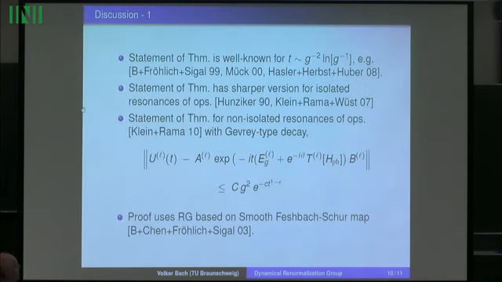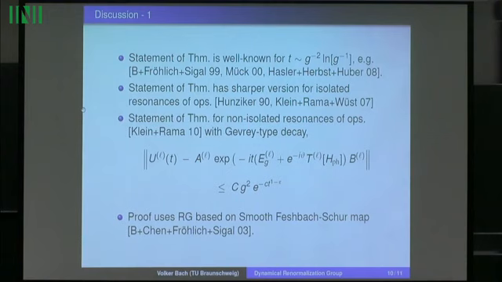Okay, so let me discuss this result. The statement of the theorem, when we study timescales which are big compared to G to the minus two, but not too big, in fact, if they are of the order of a logarithmically growing in G factor compared to G to the minus two, this statement of the theorem is well known.